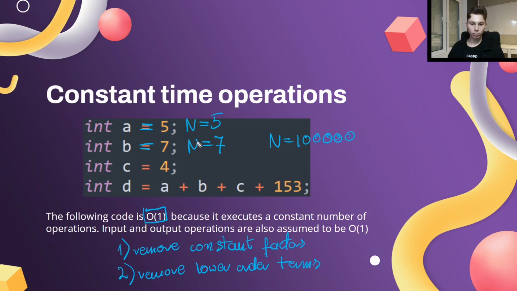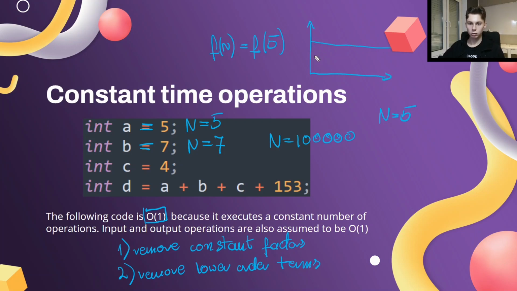If, for example, n is equal to 5, so f of n is f of 5, and our function is constant, our function will look like this.